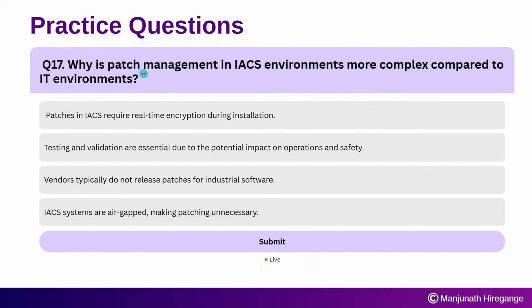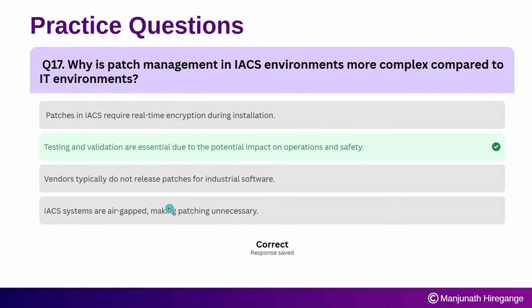So you can see the major difference between OT and IT with respect to patch management. The moment you hear about operations and safety, that will be your answer. Why? Because unlike in IT, here the operational impact of patching can result in production losses or maybe safety hazards or even catastrophic events.